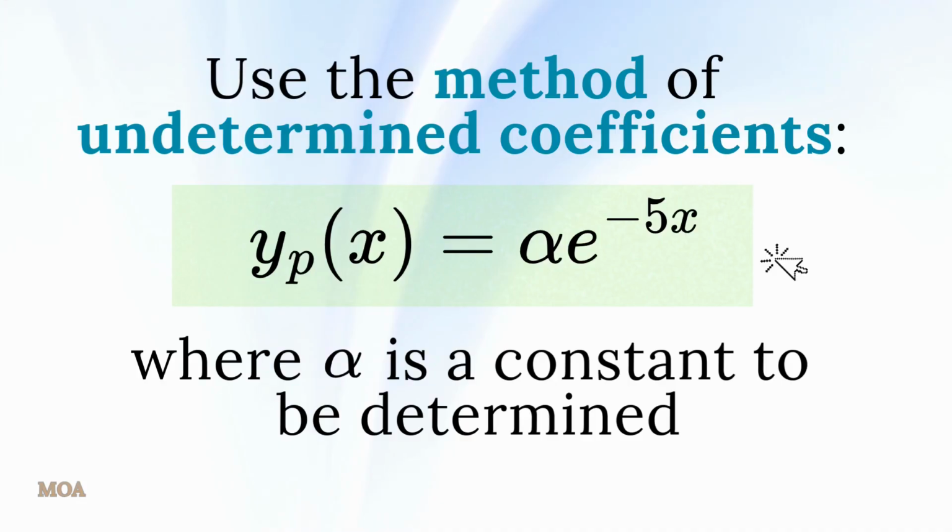This method assumes a particular solution of the form y_p(x) = α e^(-5x), where α is an unknown constant to be determined.